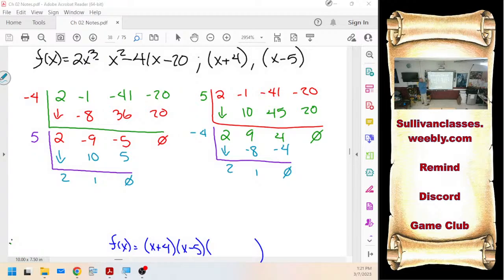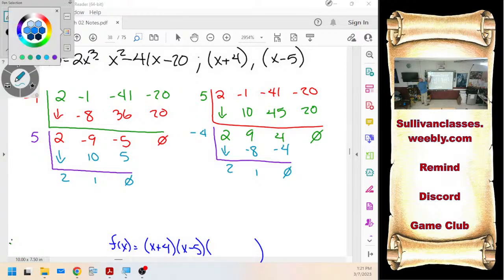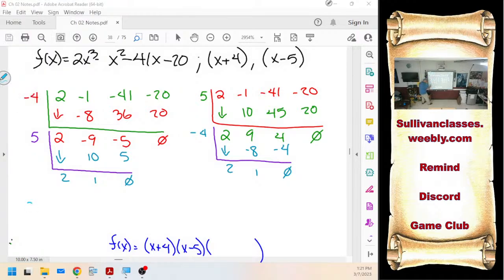I'm showing you the two different ways to get there. Just like with that 30. 30 divided by 2 is 15. There's a 3 and a 5 left over. 30 divided by 3 is 10. There's a 2 and a 5 left over. 30 divided by 5 is 6. There's a 2 and a 3 left over.